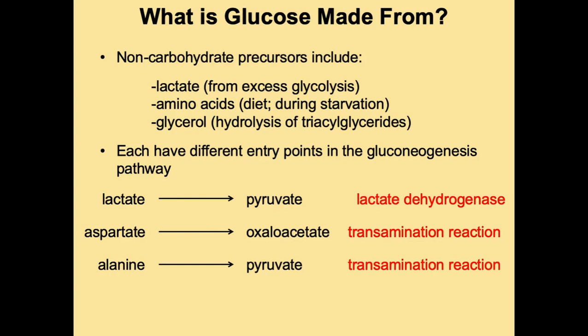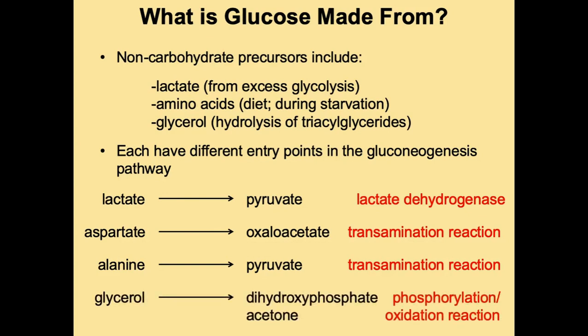Alanine, again, will enter at a slightly different point, and alanine can be converted to pyruvate. And the fatty acids, such as glycerol, can enter about halfway up the chain. So glycerol will enter at the point of dihydroxyacetone phosphate, and this is catalyzed by a phosphorylation oxidation reaction.